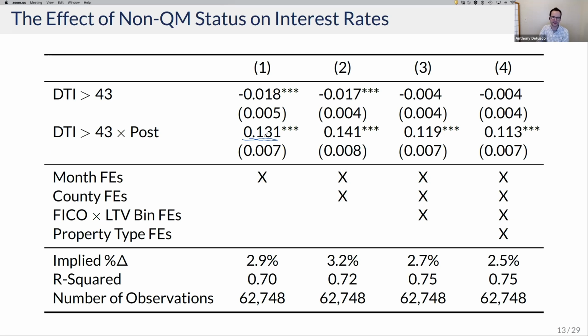And that 13 basis point gap stays basically constant regardless of other characteristics of the loan that you might think would be driving the price of these loans, suggesting that there was an effect of this regulation on mortgage pricing.